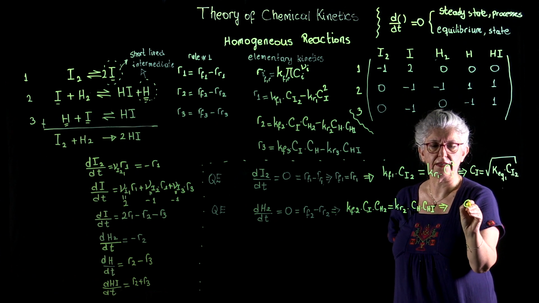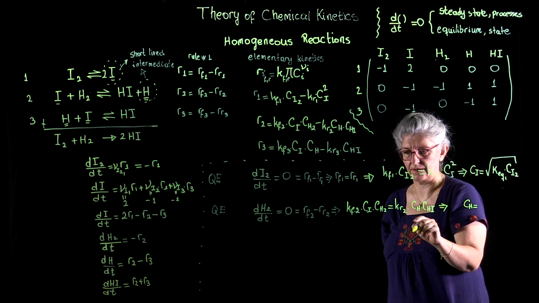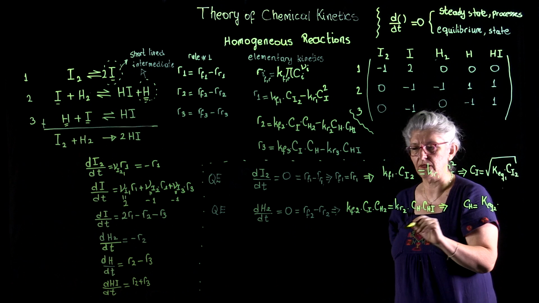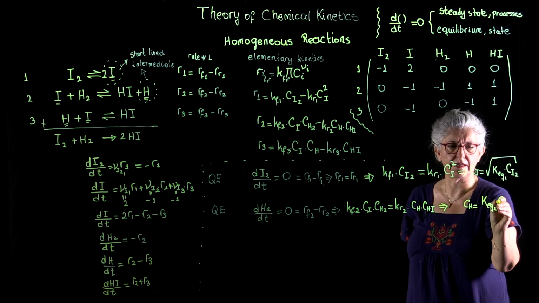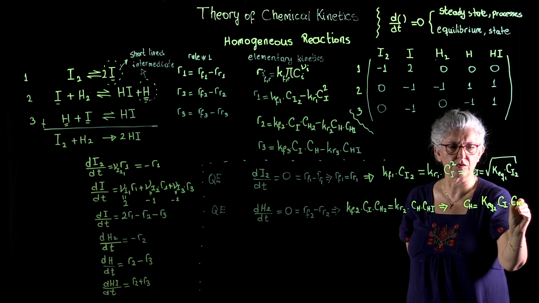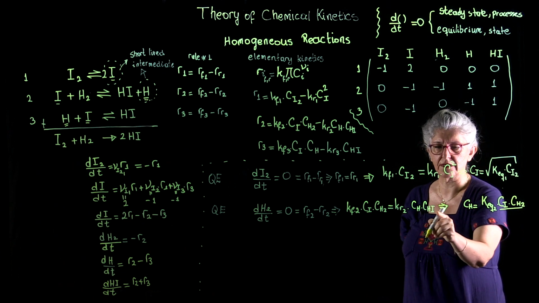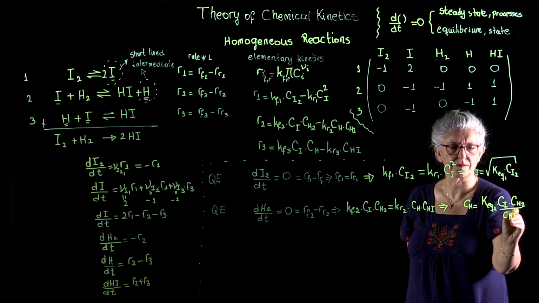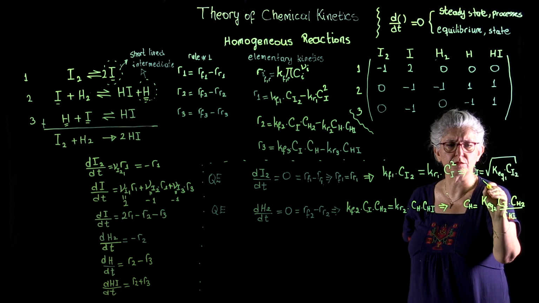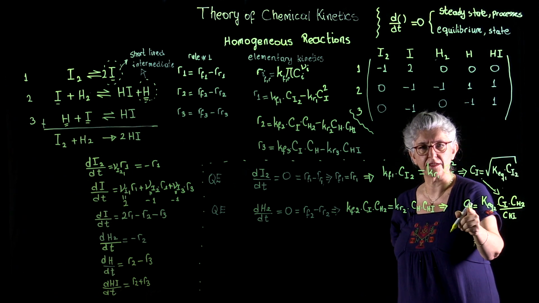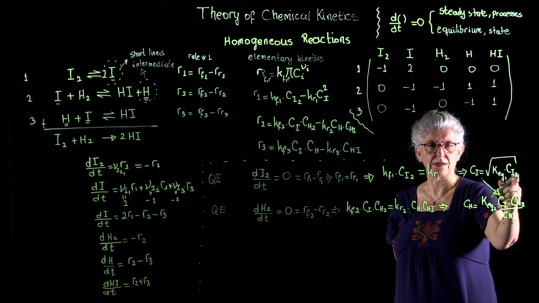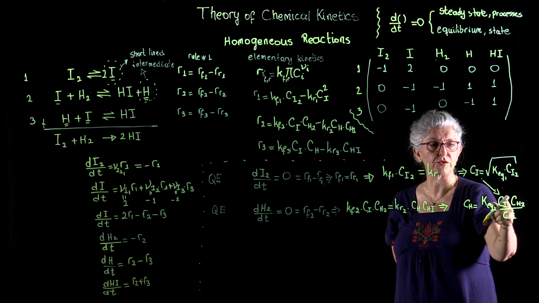I get C_H as K2 times C_I times C_H2 divided by C_HI. And I know already C_I is going to be provided here. Now I have concentration of short-lived intermediate H in terms of the concentrations of iodine molecule and hydrogen molecule.